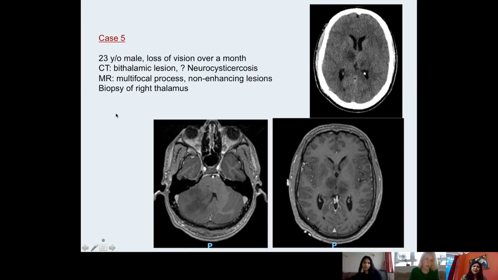This was followed by MR studies, which showed that this was actually a multifocal process with lesions not only in both thalami, but also in the cerebellum and brainstem.